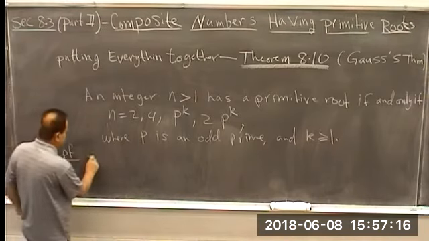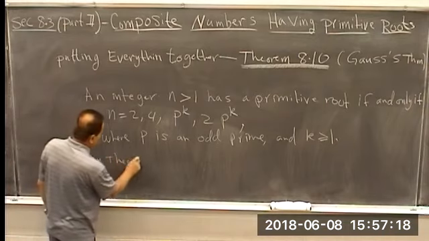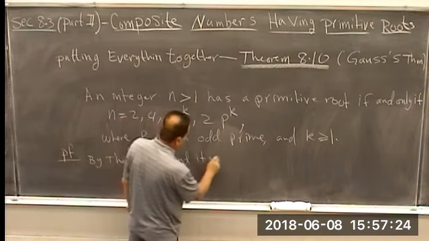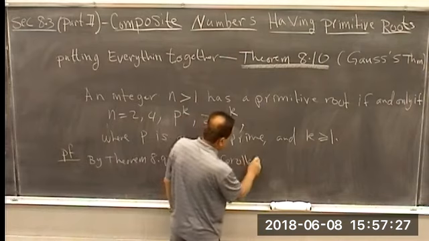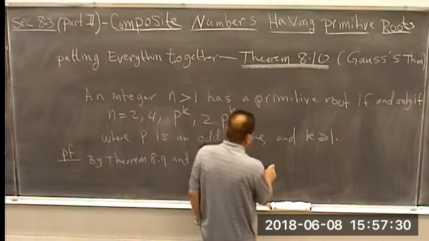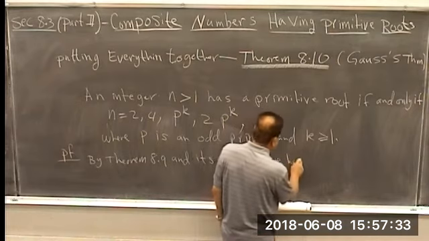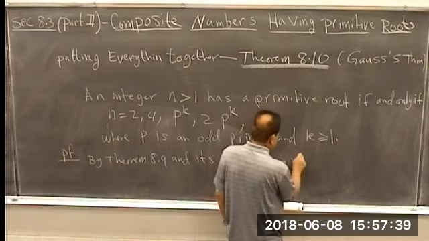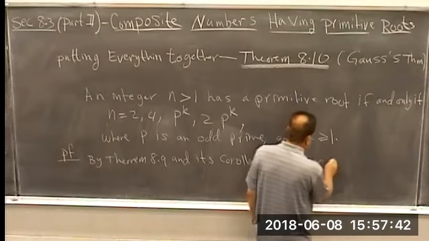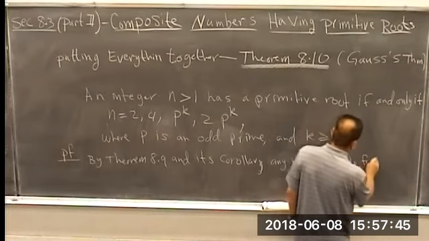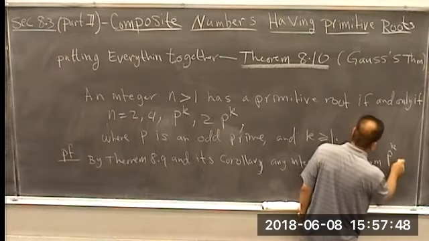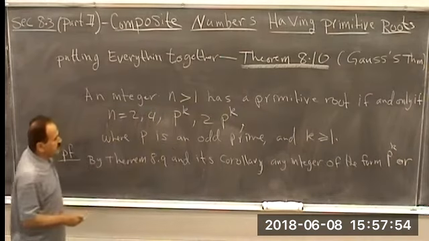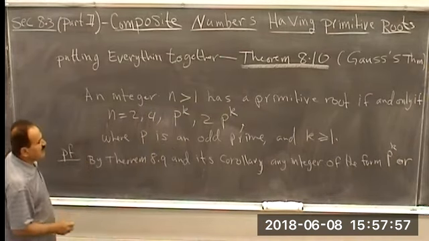So by the last theorem which we have, 8.9, and its corollary, p to the k or 2p to the k: p to the k is given in the theorem, 2p to the k is given in the corollary.